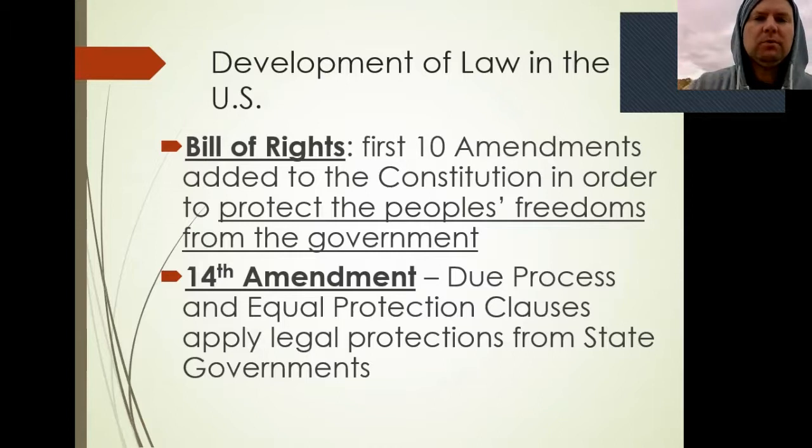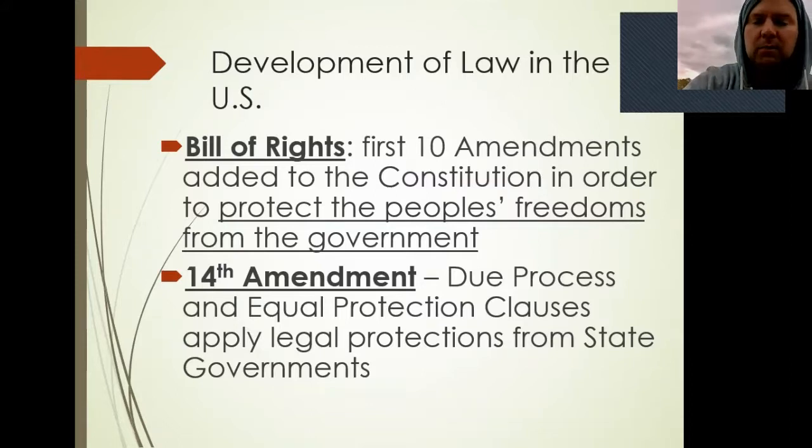So the 14th Amendment, remember, was created to protect the newly freed slaves, African Americans, grant them citizenship, grant them equality under the law, make sure they have due process rights, really to protect them from those state governments, because there was a large population of former slaves that would be living in the South, and as we now know, had to deal with a lot of horrible things.